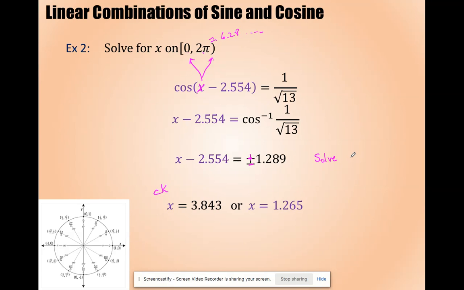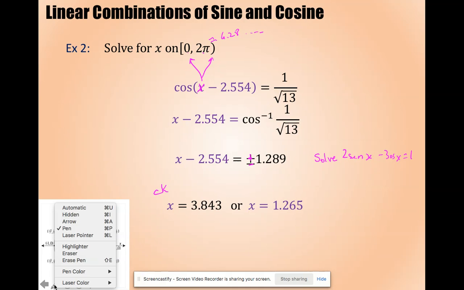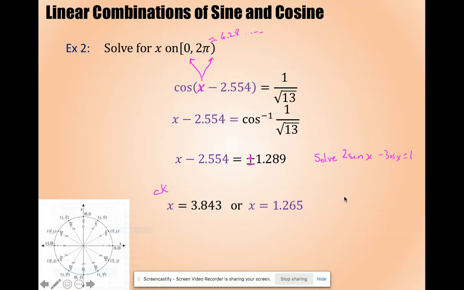I guess I could go back a screen. 2 sine x minus 3 cosine x is equal to 1. Put this x and this x in here.